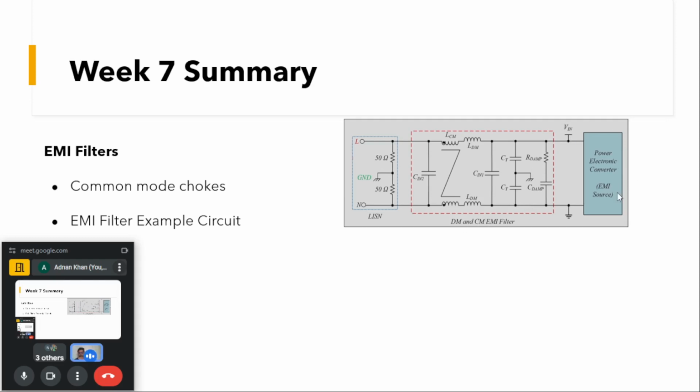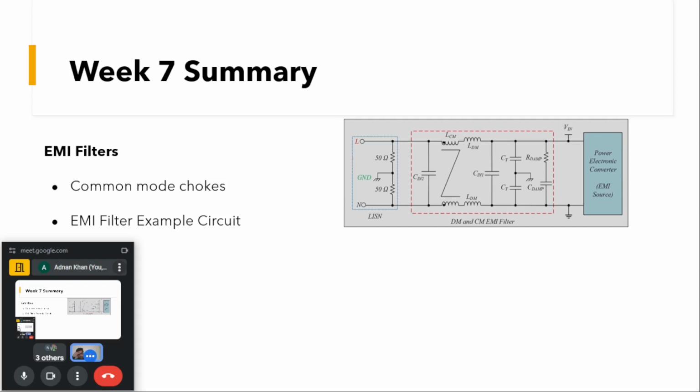Usually it is taken as a load, but it may be connected to other parts where this EMI may get propagated, and in between is the differential mode or common mode EMI filter, where we have a common mode choke.